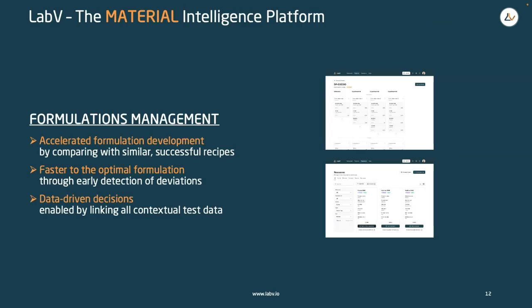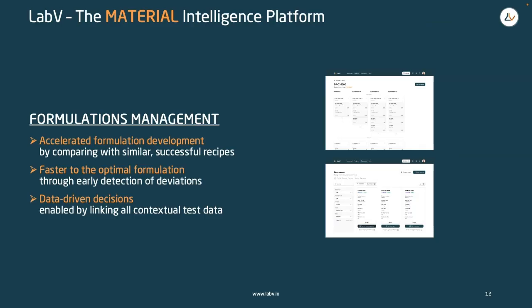And that's the second point, because we can detect very early deviations and have a clear overview of the results and the performance of a given formulation. We're so much quicker and we save actually development cycles, which reduces the whole product development cycle. And it helps you to make data-driven decisions.